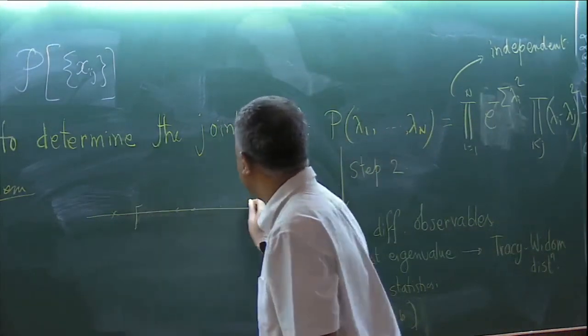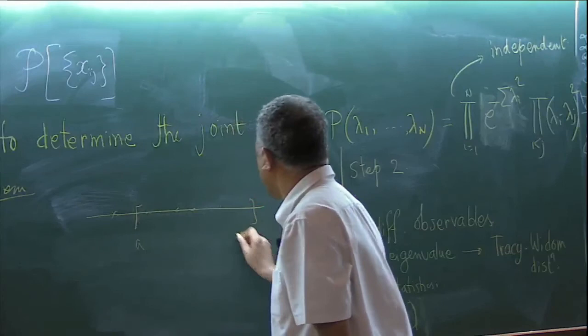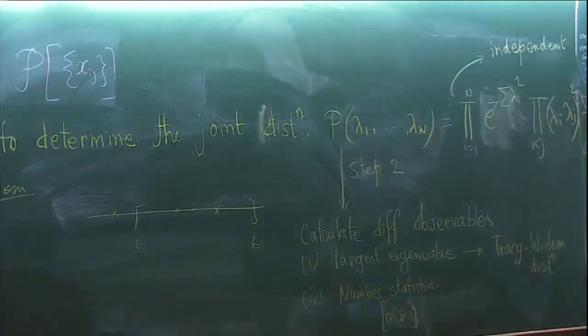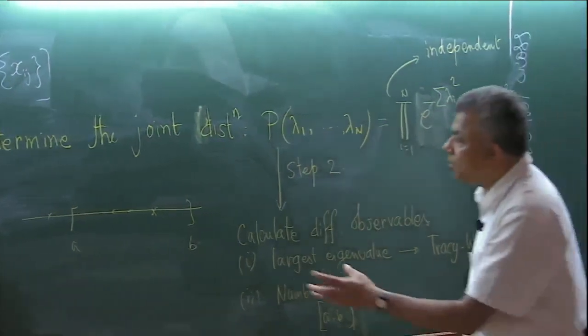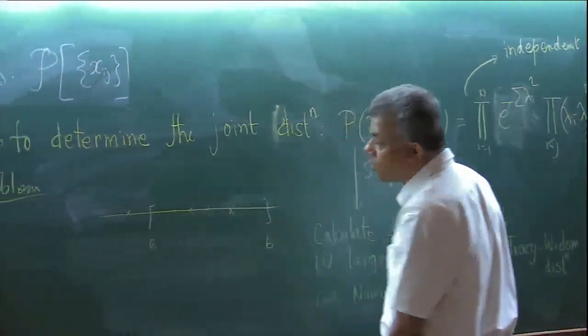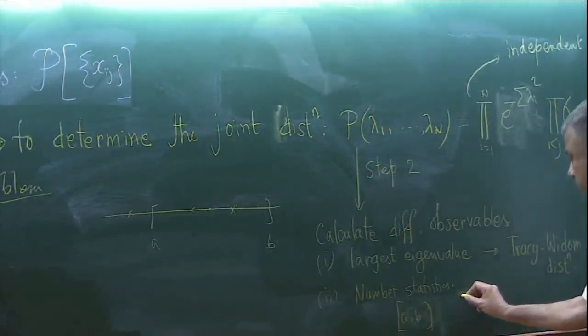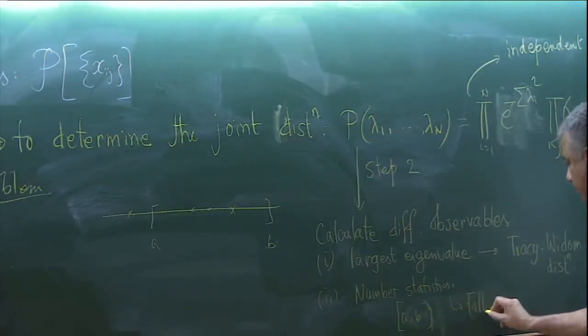And I take an interval A to B, and I ask how many eigenvalues are there? That's the number, but it fluctuates from one sample to another. And I can ask, what can I say about the mean number of eigenvalues, the variance of the number of eigenvalues, or higher cumulants, and so on? This is called the full counting statistics.